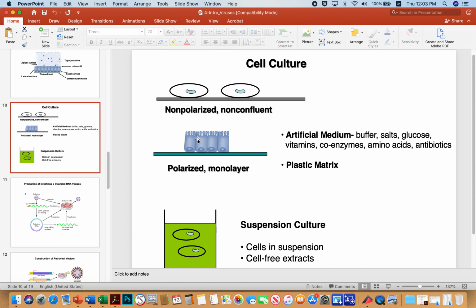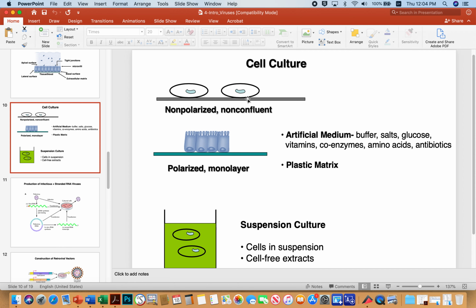So here's a polarized monolayer. It's polarized in the sense that the apical surface that you see here has microvilli in this particular example, and then the basal surface is clearly down here, which is fixed to, in this case, an artificial substrate. So that's polarized. This is non-polarized because there's no up or down or sideways or anything.